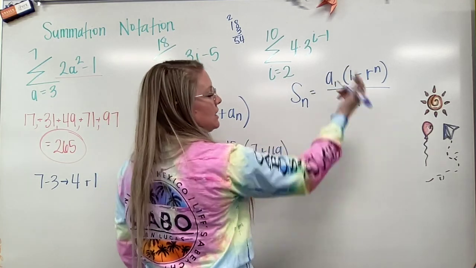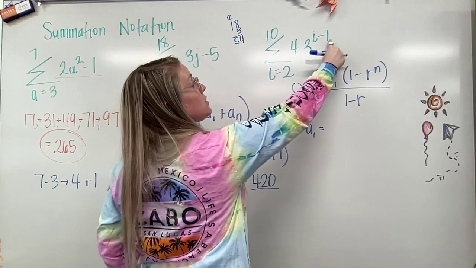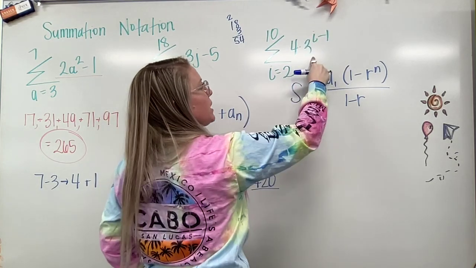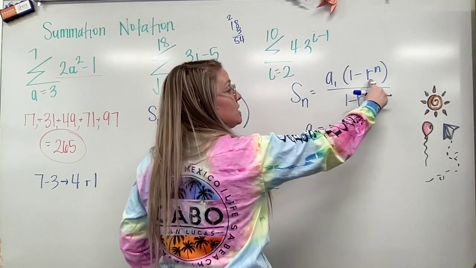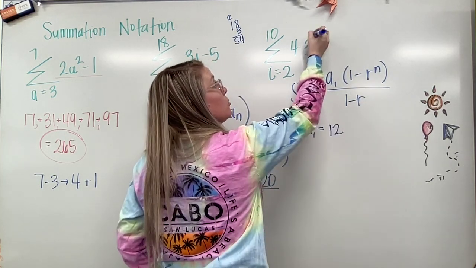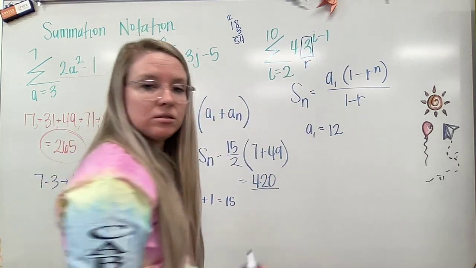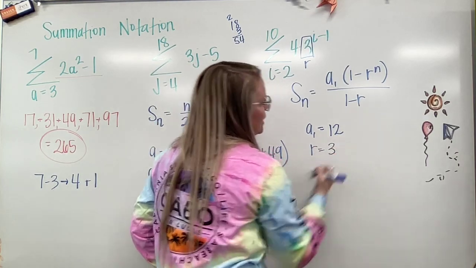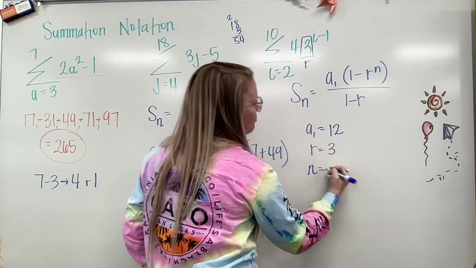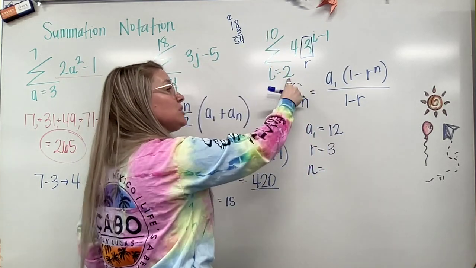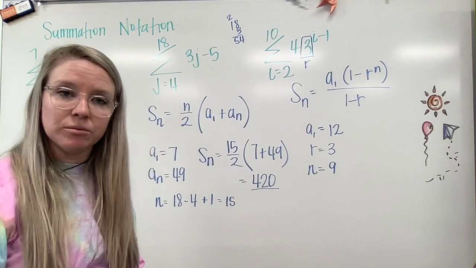Here, I need to know my first term, so I'm going to plug in 2. 2 minus 1 is 1, 3 to the first is 3, times 4 is 12. Then I need to know my common ratio. The ratio is always the piece that's raised to the exponent, so I can tell that my ratio is 3. Then I need n, how many terms I have. Again, I take 10 minus 2, which is 8, plus 1. That tells me I have 9 terms.